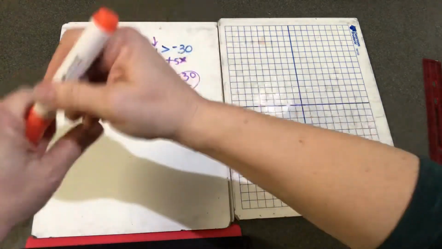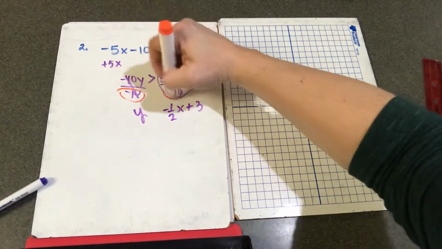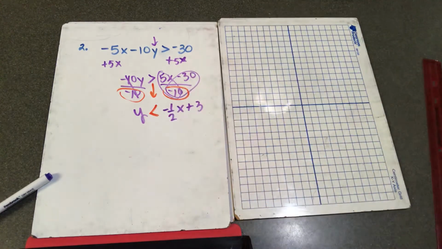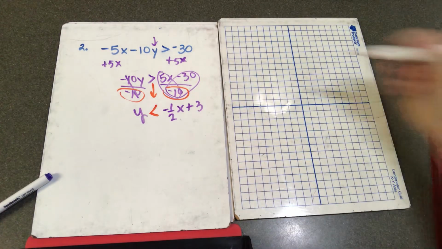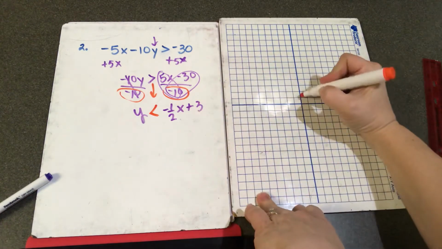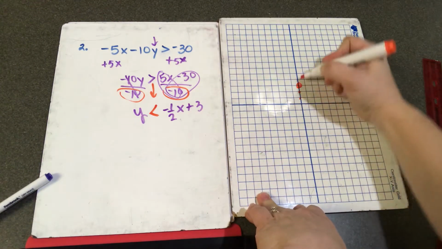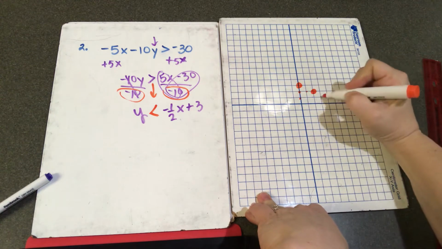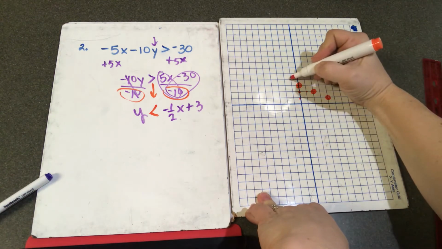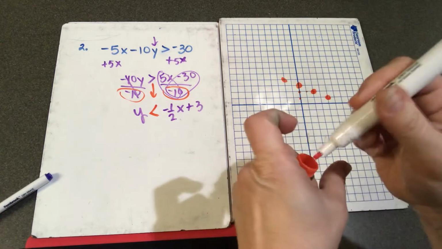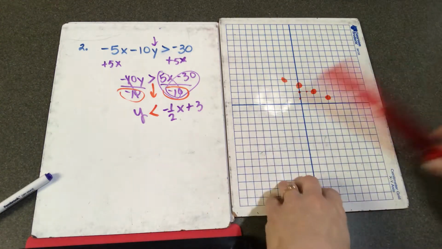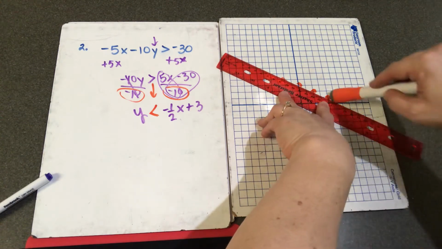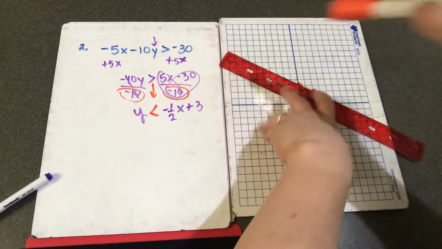And remember, if we divide both sides by something negative, this has to flip. And now it becomes less than. So if we graph this, we would start at 3. And we would go down 1 and over 2 because our slope is negative this time. And there's a catch to this one. If I draw this line solid, that means that every point is a solution.